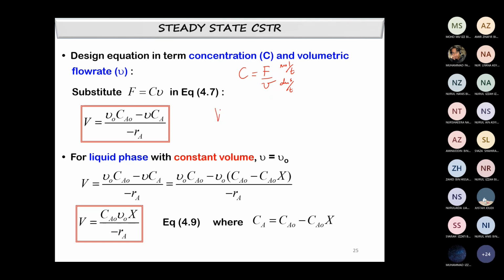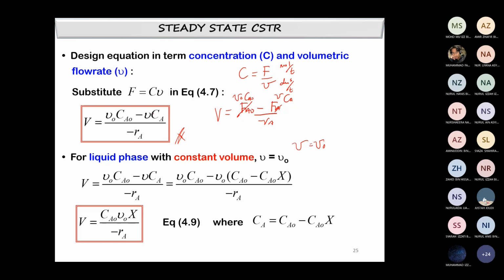You just put it back, because V is equal to Fa0 minus Fa over negative Ra. So just replace this one with V0 Ca0, and this one V Ca. That's why you get this equation. For liquid phase with constant volume, this one is equal to V0. So V, you can expand it first.